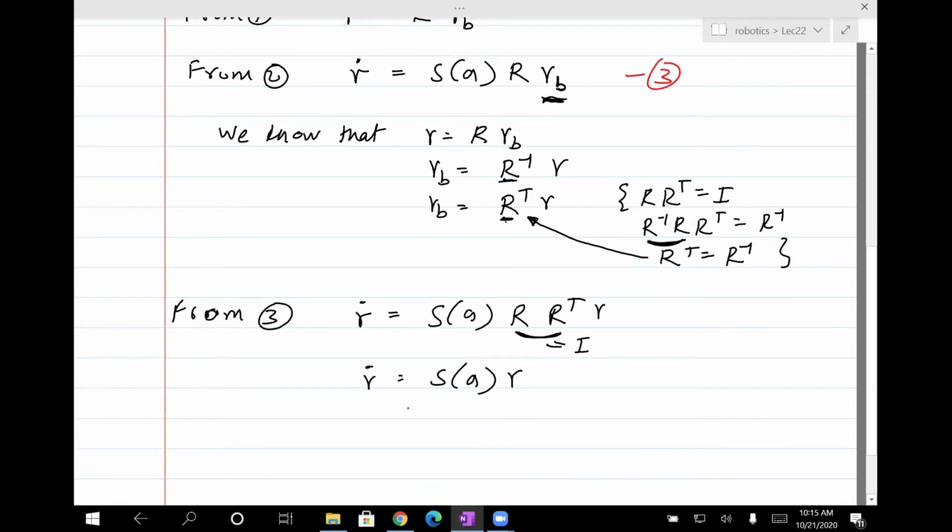And we have seen that if you have S of A times r, a skew symmetric matrix times the vector r, then this can effectively be written as the vector A crossed with r.